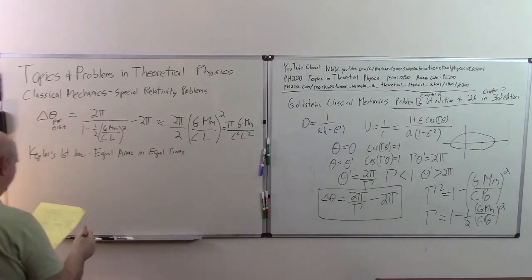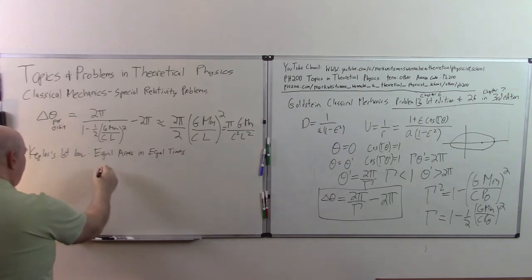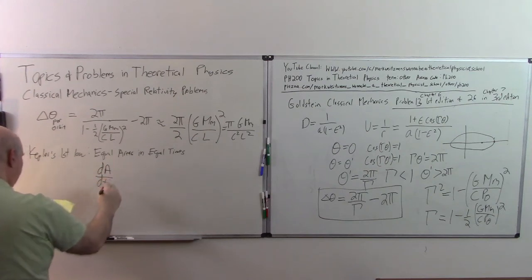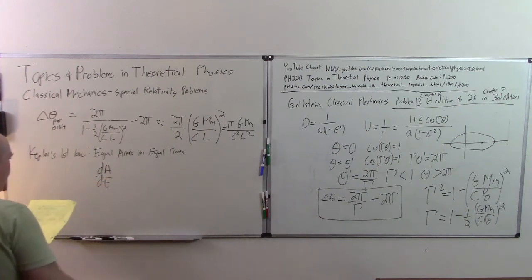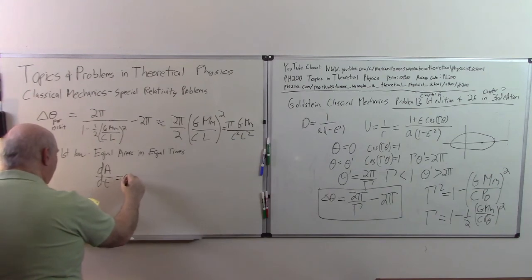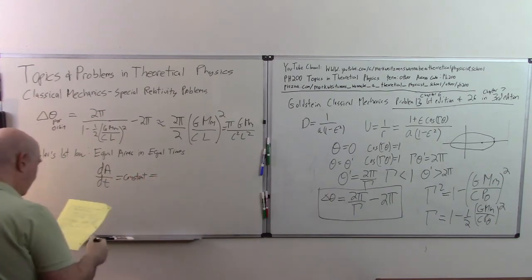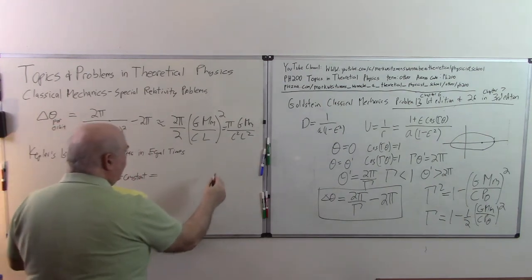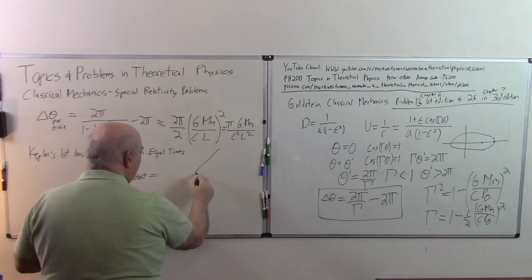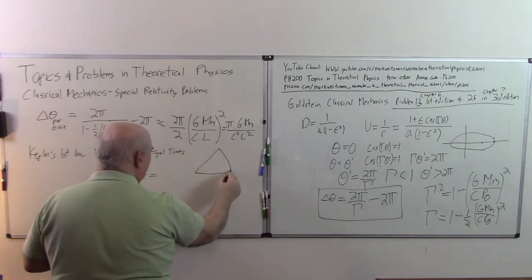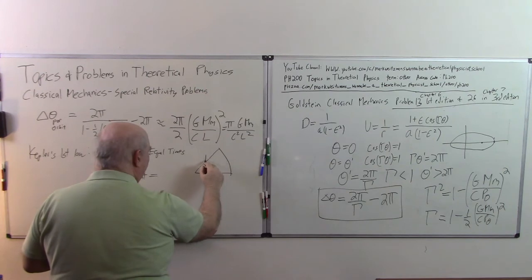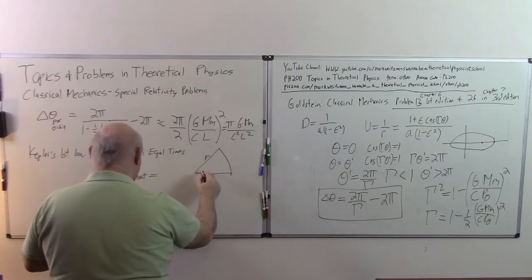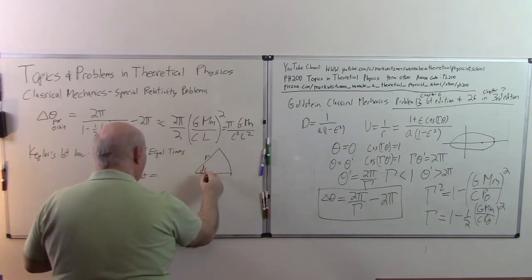So basically it's saying that the derivative of the area with respect to time is a constant. And this constant, if you ever use polar coordinates, let's say this is R and this is d theta.